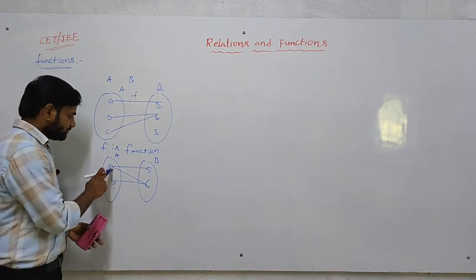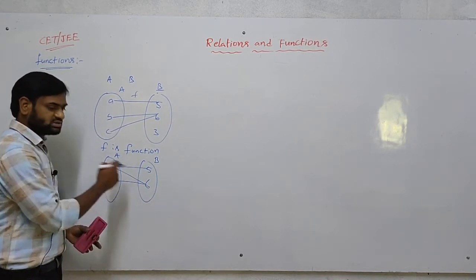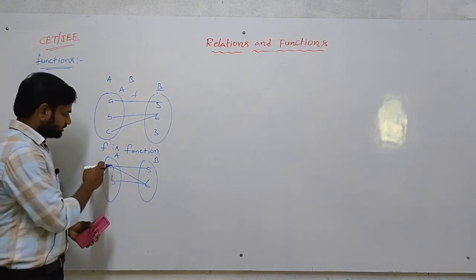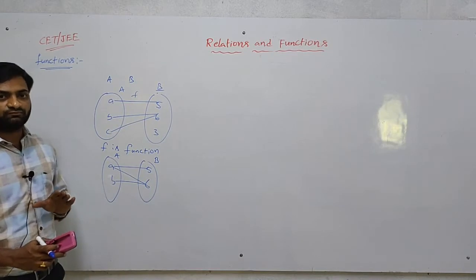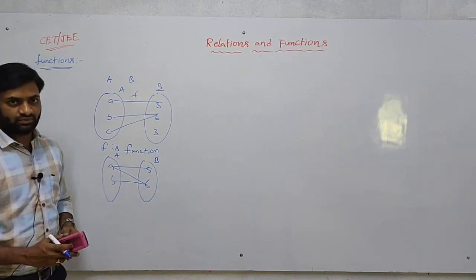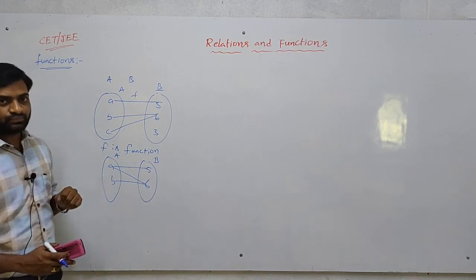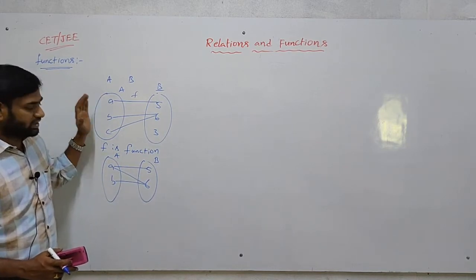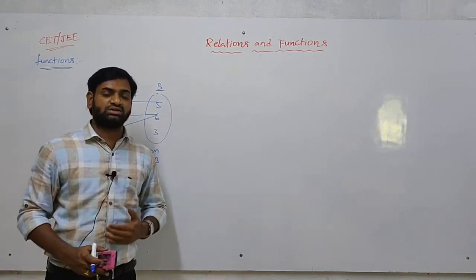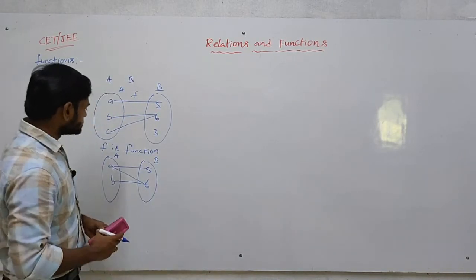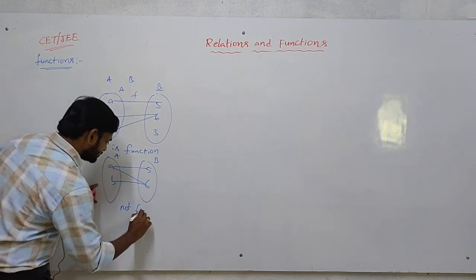But here, for a, how many images are there? Two images, 5 as well as 6. That's why it is not a function. So, a relation is a function when every element of set A has only one, unique image in set B. Here it is not a function.